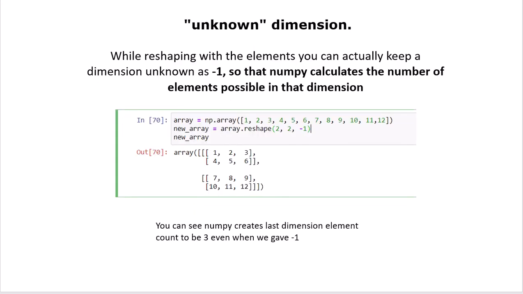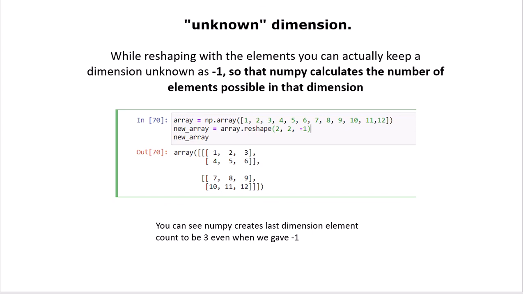Let's talk about this unknown dimension. What is it? What mystery is this? Suppose you have a bunch of elements. You have a unidimensional array with, let's say, 12 elements. I have taken an example of the same genre also. So this unidimensional array contains 12 elements, and I want to reshape it into 2 comma 2 comma minus 1.